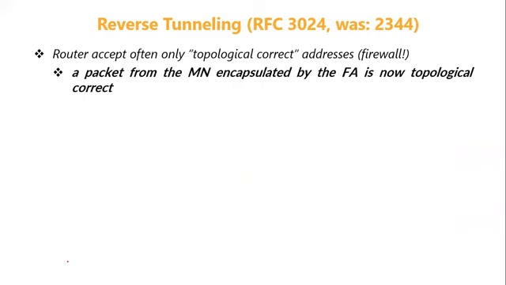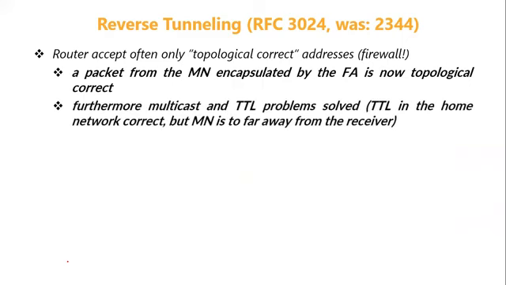So the router accepts only topologically correct IP addresses if there is a firewall. Now the packet from MN is encapsulated by the FA. MN sends the packet, but the FA encapsulates it. As the FA is encapsulating, it becomes a topologically correct IP address.